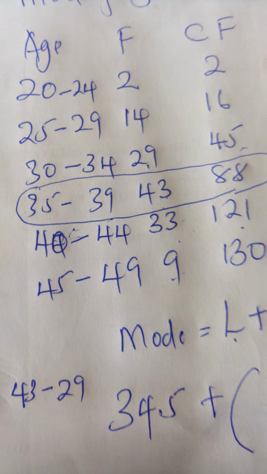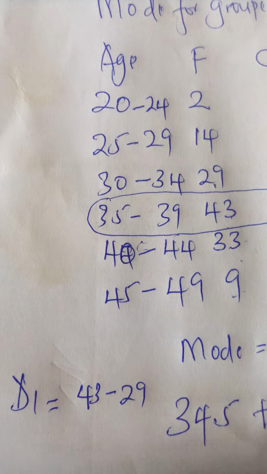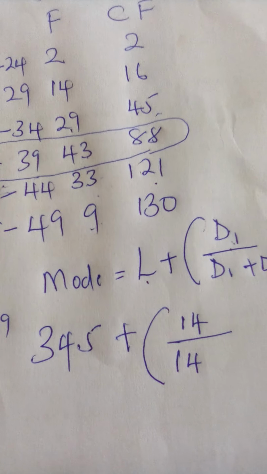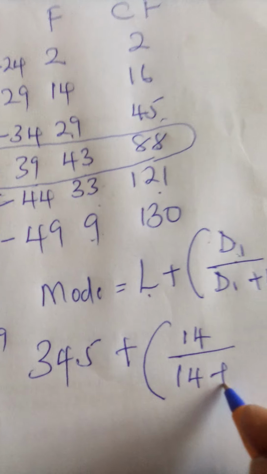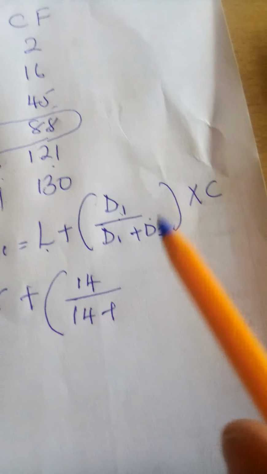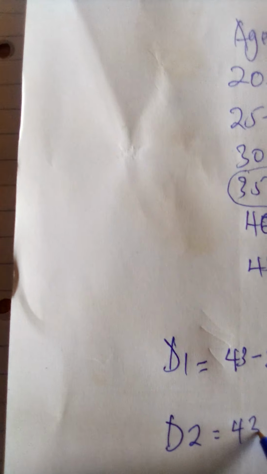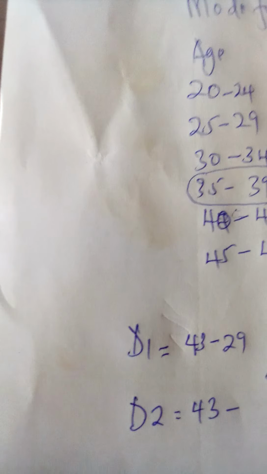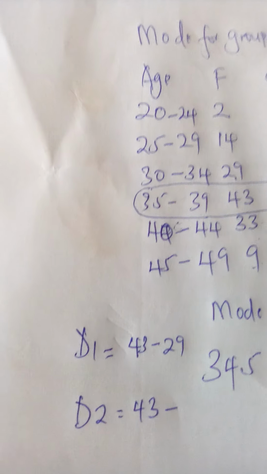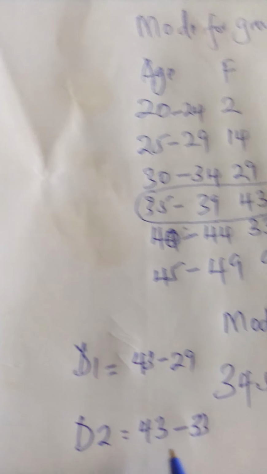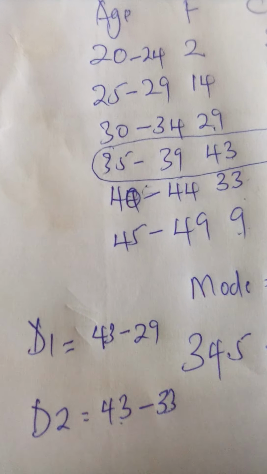So you will have the difference will be 14 over D1, which is still 14, plus D2. Our D2 will be given by 43 minus the class succeeding, which is 33. So here you're going to have 43 minus 33, which is 10.